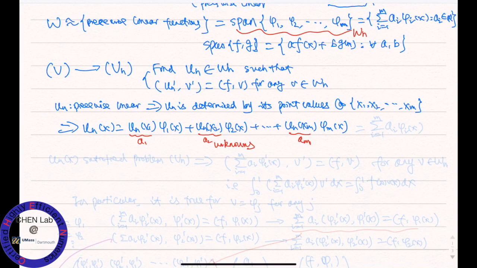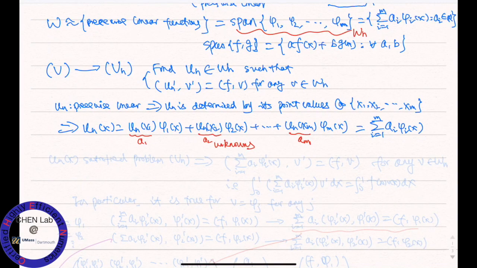So basically, we write U_H as a summation for i from 1 to M of A_i phi_i of x. So we just call the function value U_H at xi by a different name, A_i. They are the same.